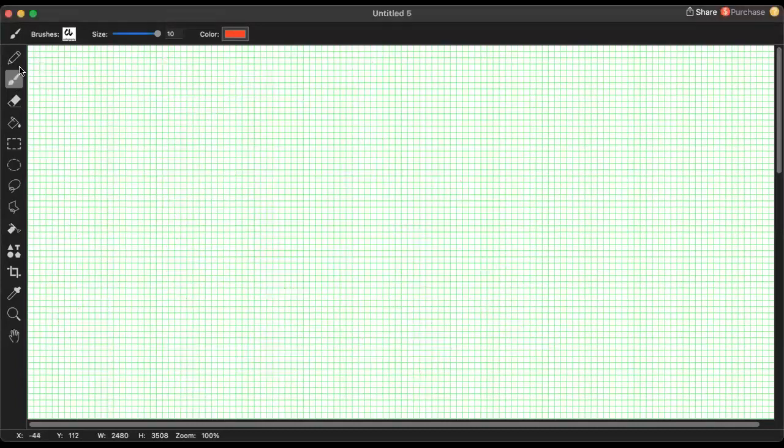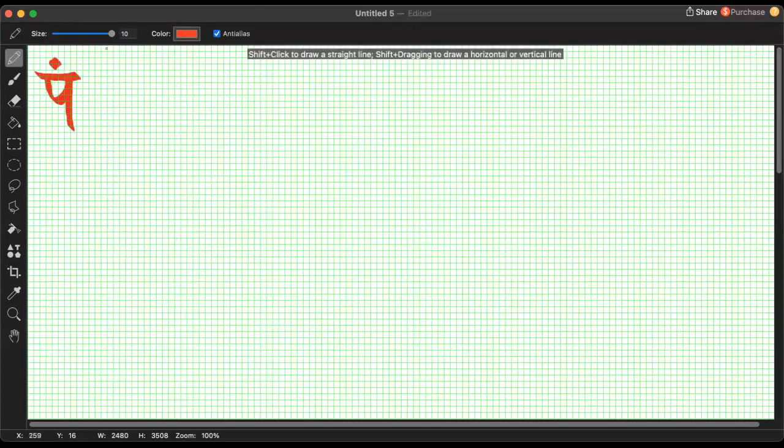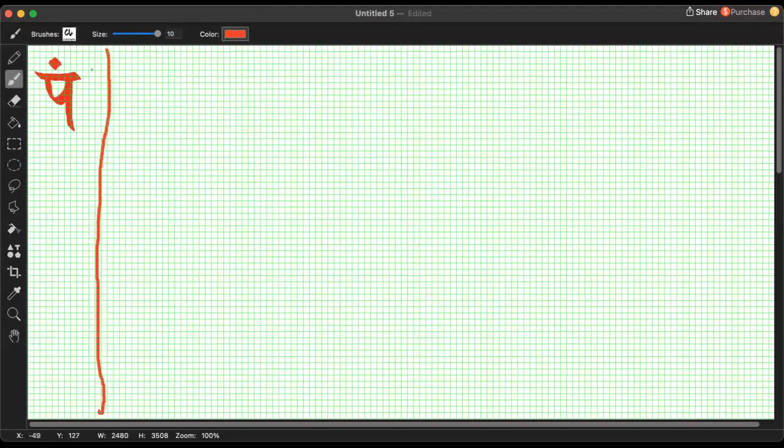Next, we'll go about the matra with po, that is pam. This is Devanagari. If you're writing this in Sharda, first you'll have the root per.